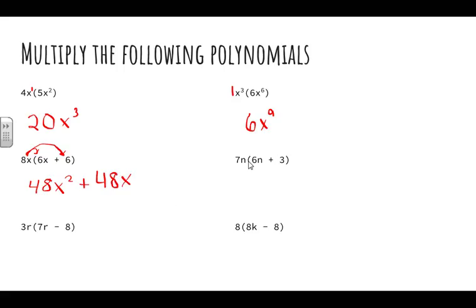Over here we have 7n times 6n plus 3. So 7n times 6n would give you 42n squared. Don't forget that those n's have exponents of 1. And then 7n times 3 would just be 21n.